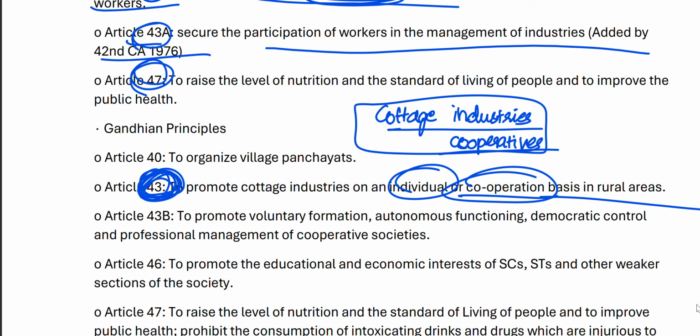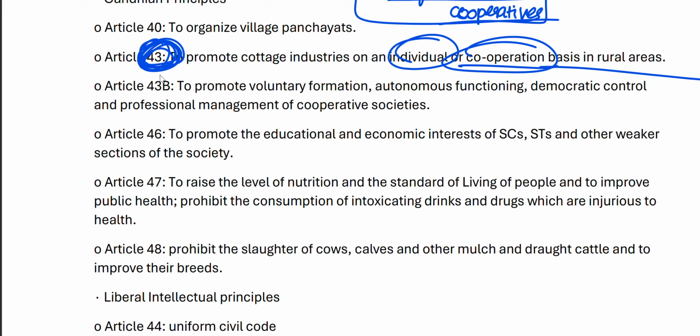Cooperatives are mentioned in 43. After 43, we have 44, which is the Uniform Civil Code, and 43 is just and humane conditions for work and maternity relief. Now, 43 is related to cottage industry, and we have workers. 43A is related to workers' participation in the management of industry, added by the 42nd Constitutional Amendment Act.